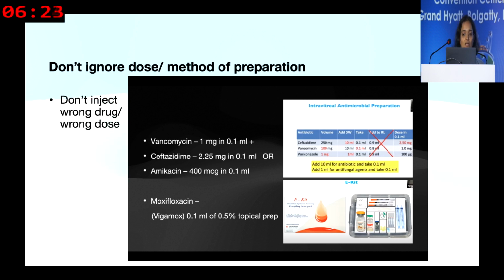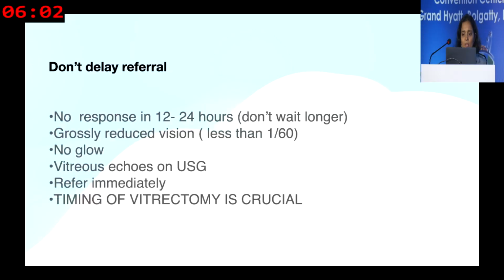Also, there is something called an e-kit that you can keep, which has all the requirements for giving intravitreals: the antibiotics, the diluting solutions, the appropriate number of syringes for dilution, the injecting syringes, a speculum even, and the needles.